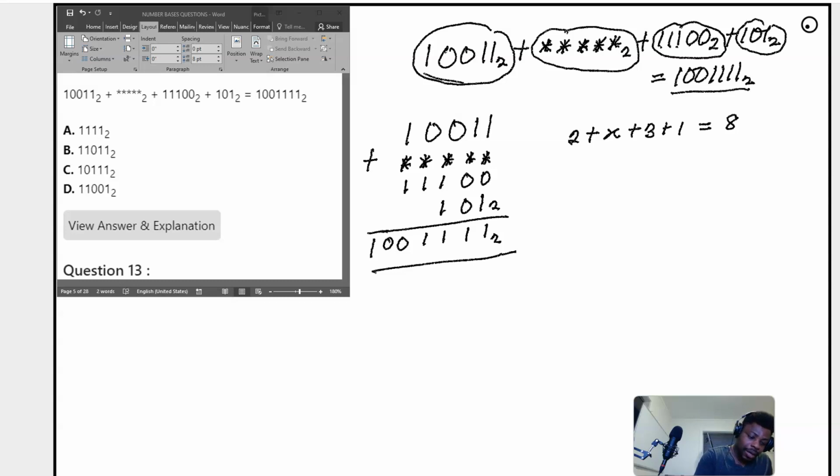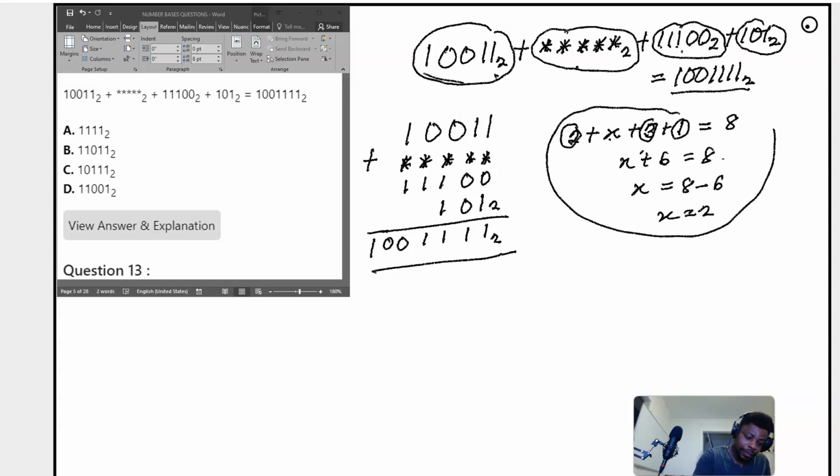So how many terms here? 1, 2, 3, 4, just like that, and it is equal to 8. In this case, you can just add 2 plus 3, 5, plus 1, that is 6. So you can say x plus 6 is equal to 8. Then if you take this to the other side, 8 minus 6, x will be equal to 2. This same way is what I will use to solve that. So let's quickly do that now.